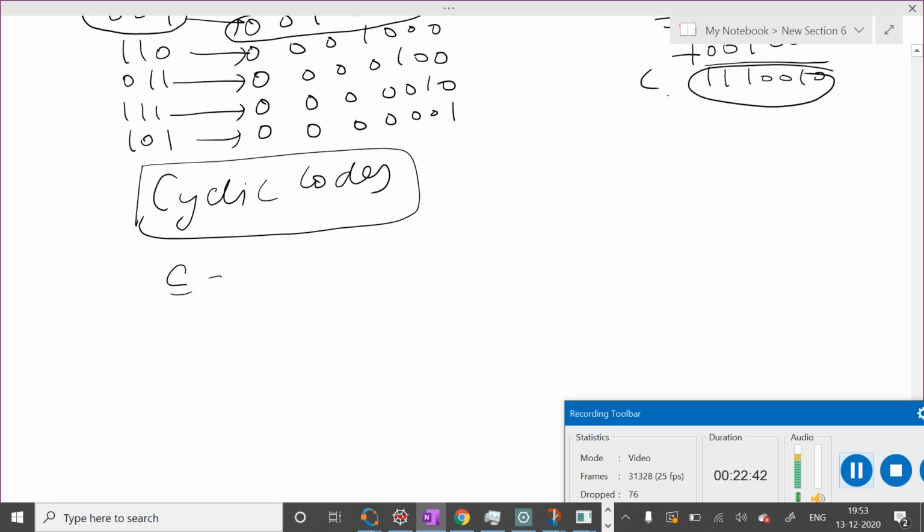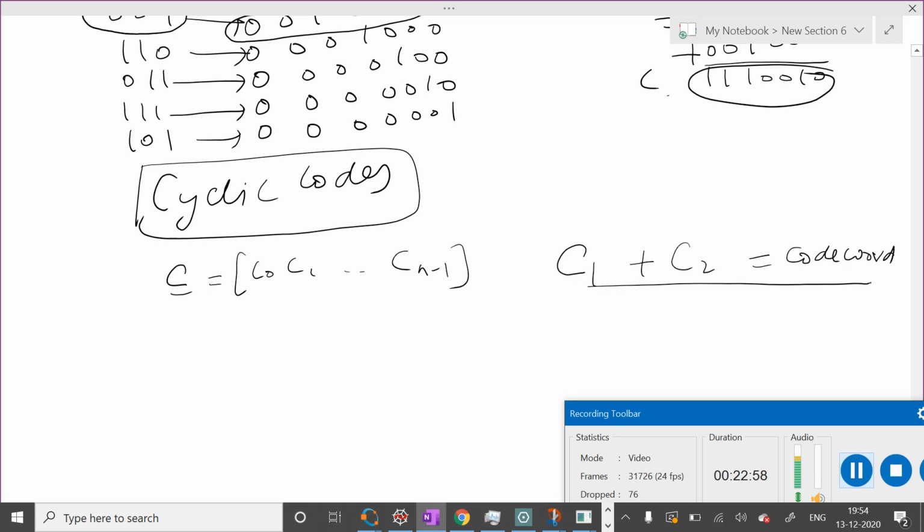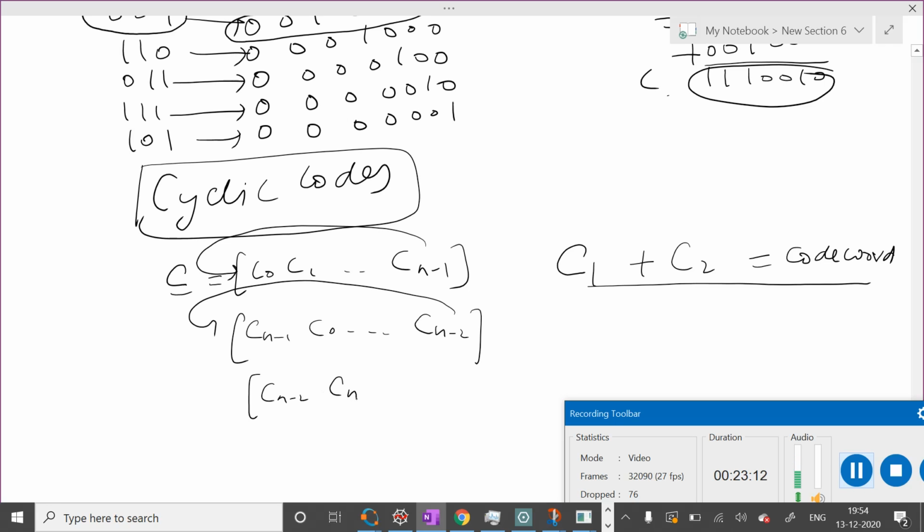Suppose you have a code word C0 C1 up to Cn minus 1. Till now we have learned that if C1 is a code word and C2 is a code word, then their linear sum is also a code word, right? But what about the cyclic operation? If I shift this cyclically, I write Cn minus 1 C0 Cn minus 2, then I shift again cyclically, I get Cn minus 2 Cn minus 1 C0 Cn minus 3.